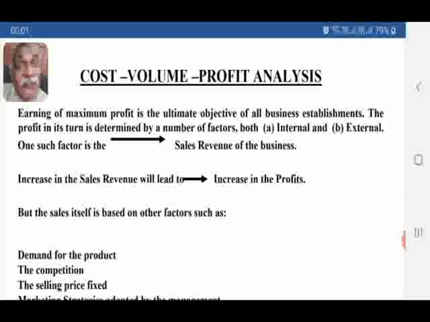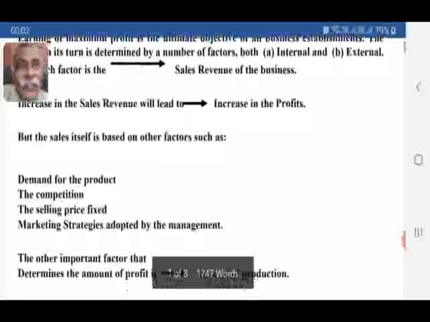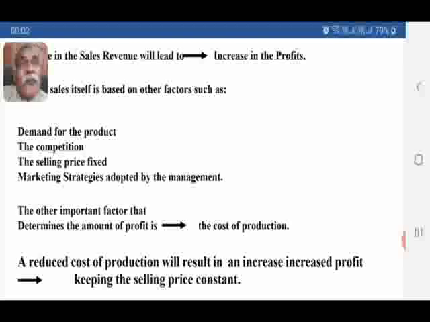Because if the sales revenue will increase, obviously the profit of the organization will increase. If the sales decrease, obviously the profit of the organization will decrease. But the sales is itself based on other factors.